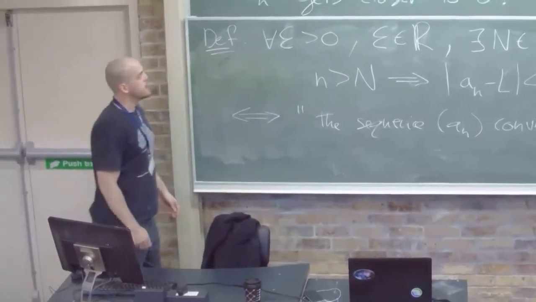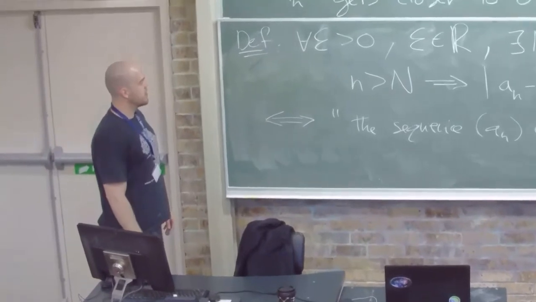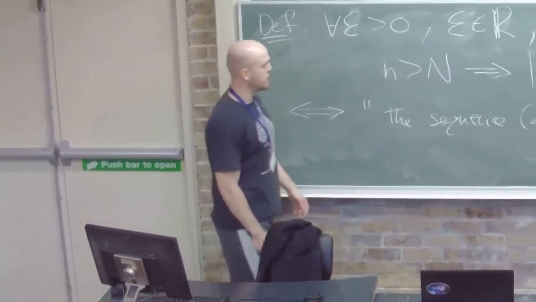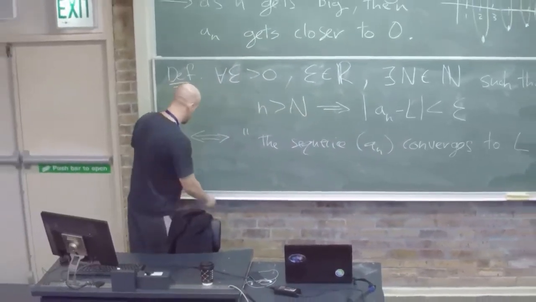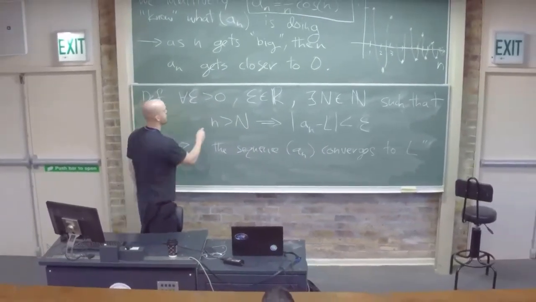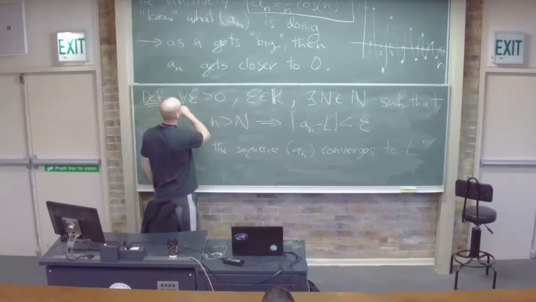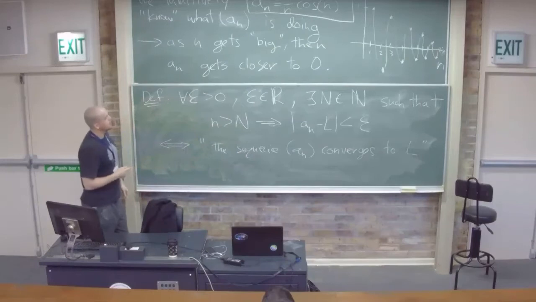So, all right. Let's see. Why does this say that the sequence is converging to L? Well, what I want to do is match up this first part, or let's break it up in this way.